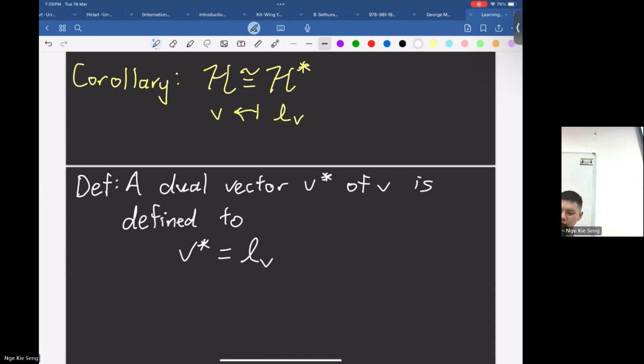What is L_V? It is the inner product with V. Okay, that's all. Last time we defined it as like a Kronecker delta, but that's not enough to realize the whole dual Hilbert space, because last time we didn't define it properly on this dual Hilbert space, so I try to bring the definition up.